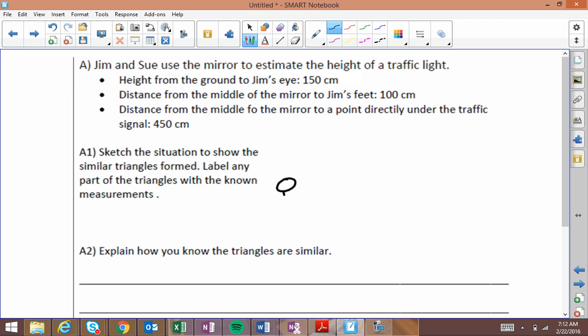So here we have Jim. And we know the height of Jim's eyes is 150 centimeters. We also know the distance from the middle of the mirror to Jim's feet. I'm just going to use this dash as my mirror, but this is 100 centimeters.